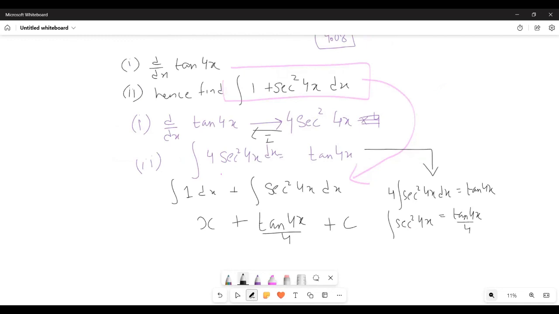So again we have used the concept that integration is the reverse of differentiation. Another one.